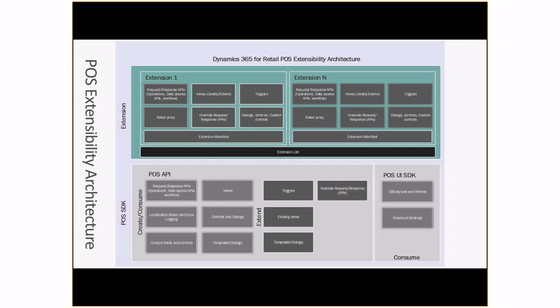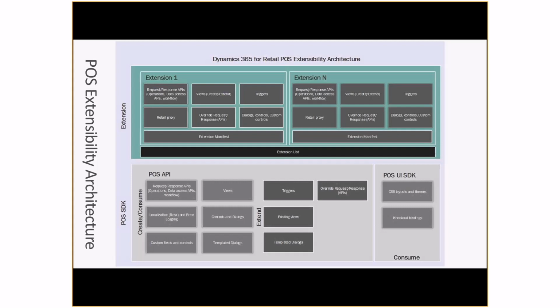Another example: if you want to read our info codes, you will use a get info code request. So any operation you now do in POS is a request response pattern. Any new functionality or feature in POS, we call an operation. For example, set quantity is an operation. You can even use our operations in your customization.